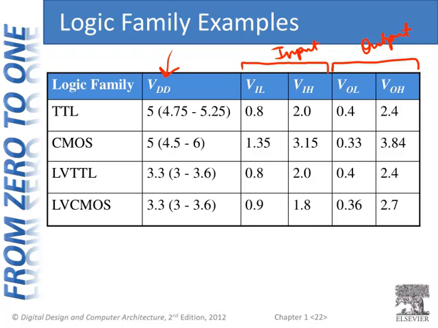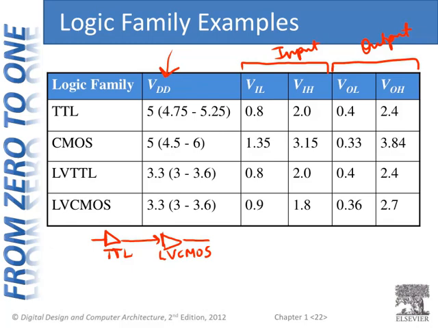So for example, we could do an analysis to say, hey, what if we had a TTL driver, so a chip on one end, driving a low voltage CMOS receiver. Would this work?